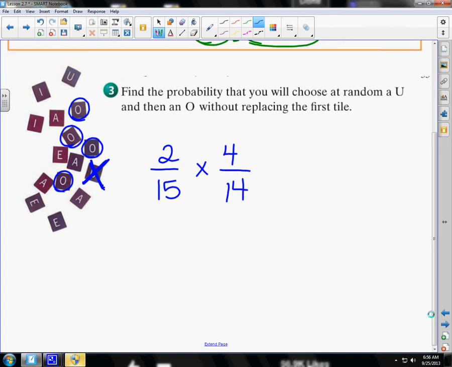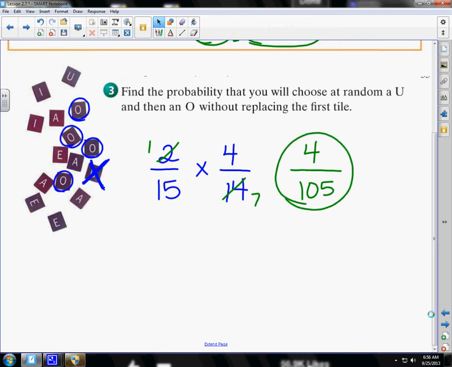So my denominator goes down by 1 number because I don't have 15 tiles anymore. I only have 14. Now I can cross reduce. So then I get 4 over 7 times 10 is 70 plus 35 is 105. 4 out of 105.